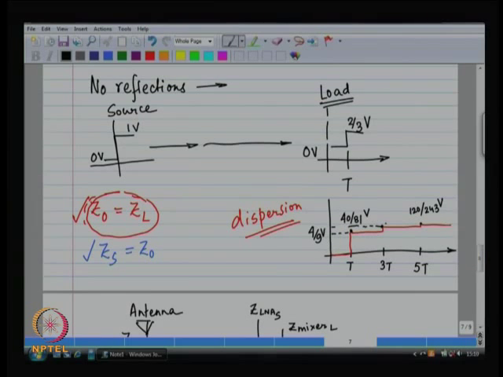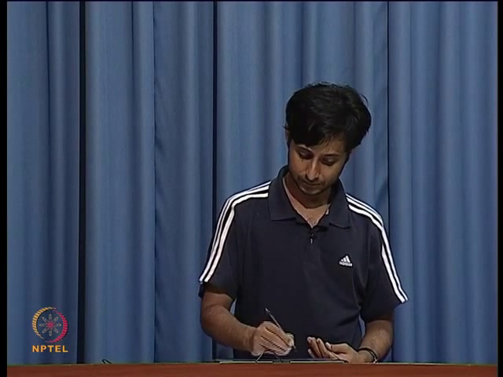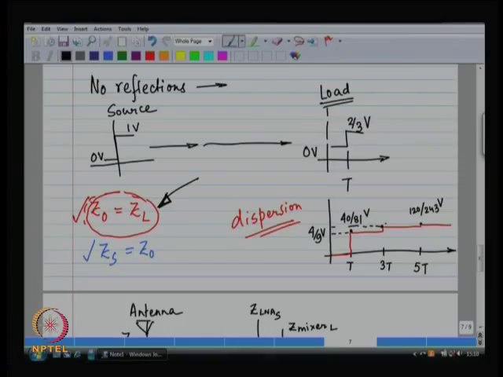We don't like echoes. We would like to see the same shape of the waveform being conserved, and that can be achieved when the characteristic impedance is equal to the load impedance. So this is the golden condition that you want, load impedance equal to the characteristic impedance.